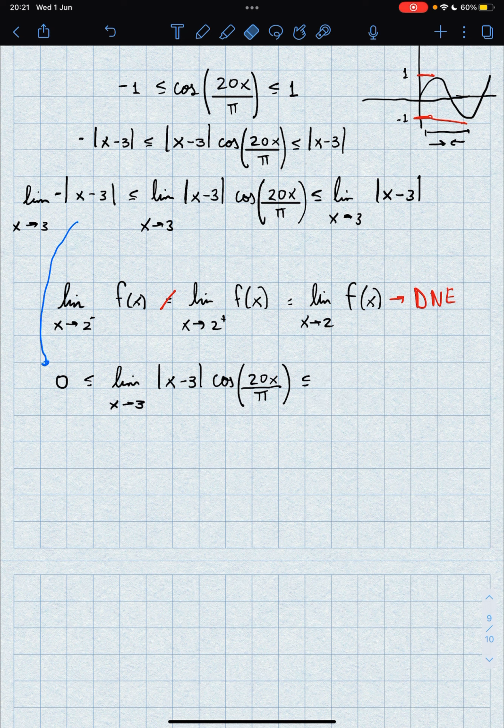Sorry, in this case, if I evaluate when x goes to 3, I'm gonna have 0 here. So at the end, this is 0. Perfect.